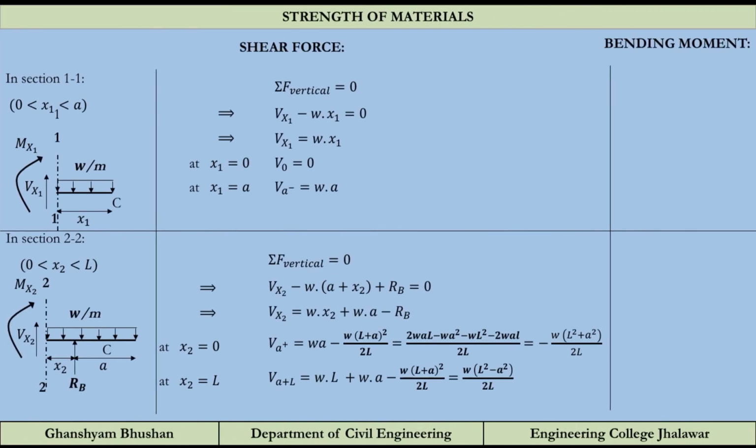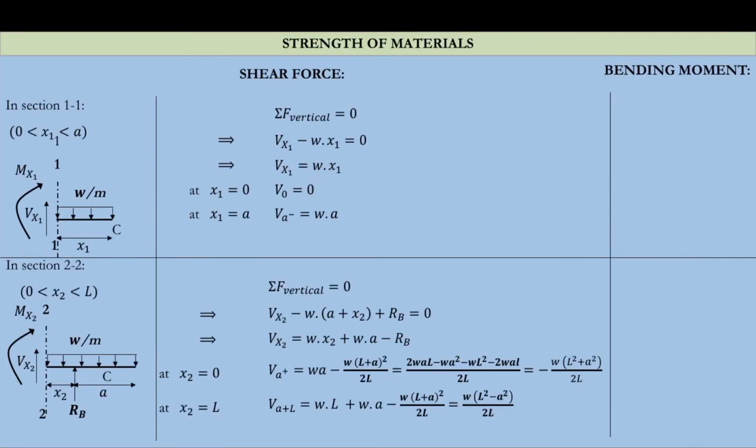Let us see. First we are going to see the variation of shear force. In the first section 1-1, x1 is varying from 0 to A, so the limits are 0 and A. We have taken shear force and bending moment. First we are going to calculate the variation of shear force only; in the next slide we will calculate the variation of bending moment.